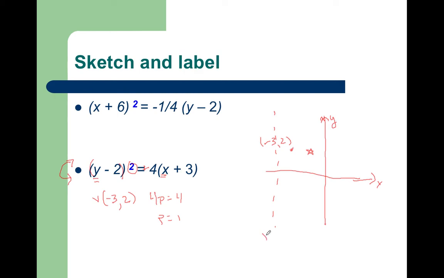So my directrix is going to be at x equals -4, and my focal point is going to be at -2. I have 2 y-intercepts and 1 x-intercept.